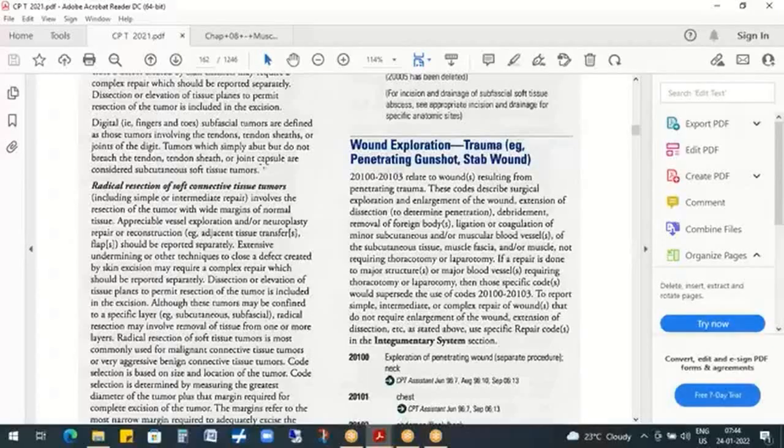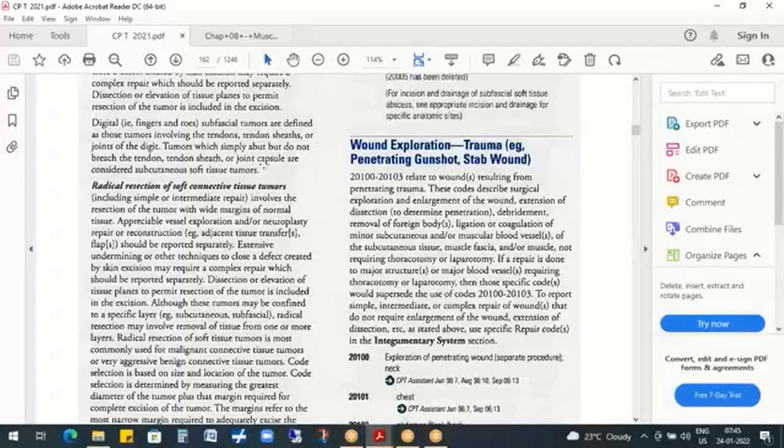Now underline the first 6 lines in the wound exploration: gunshot wound or stab wound, foreign body ligation, enlargement of wound, extension, coagulation of minor subcutaneous or muscular blood vessels, and cleaning.